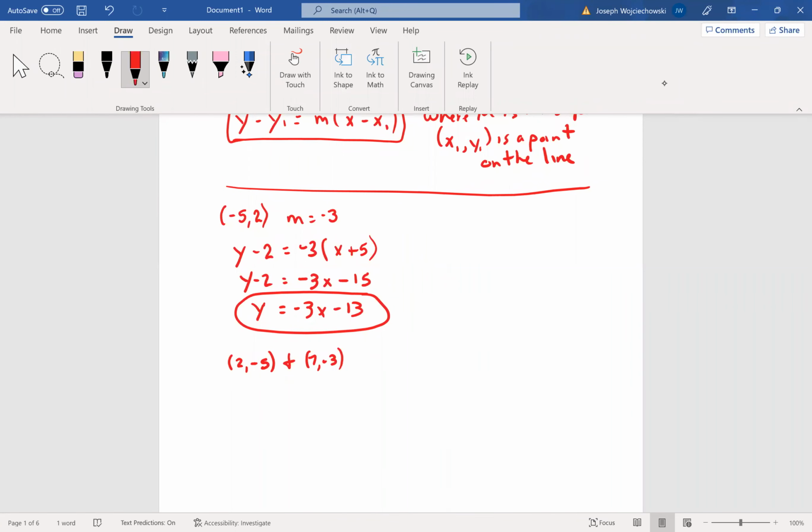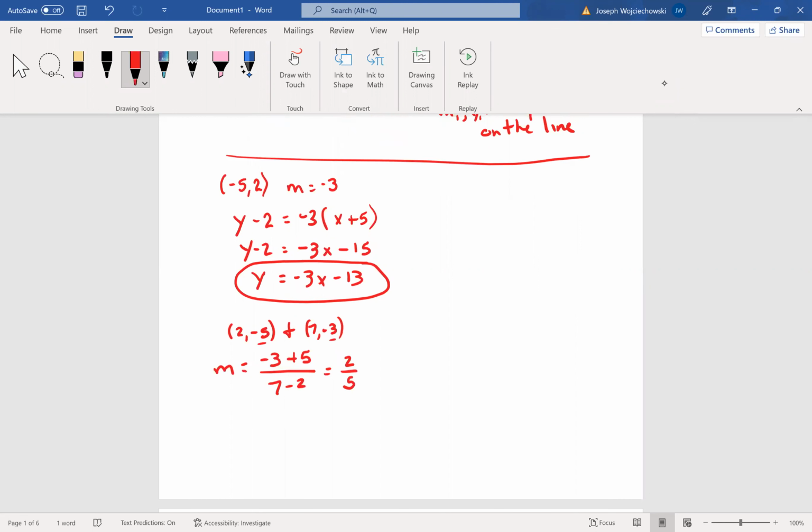So I have the point portion, I need the slope. Since I have 2 points on the line, I can calculate the slope. The slope is equal to y2, -3, minus y1, -5, over 7 minus 2. This is 2/5. So that's my slope.